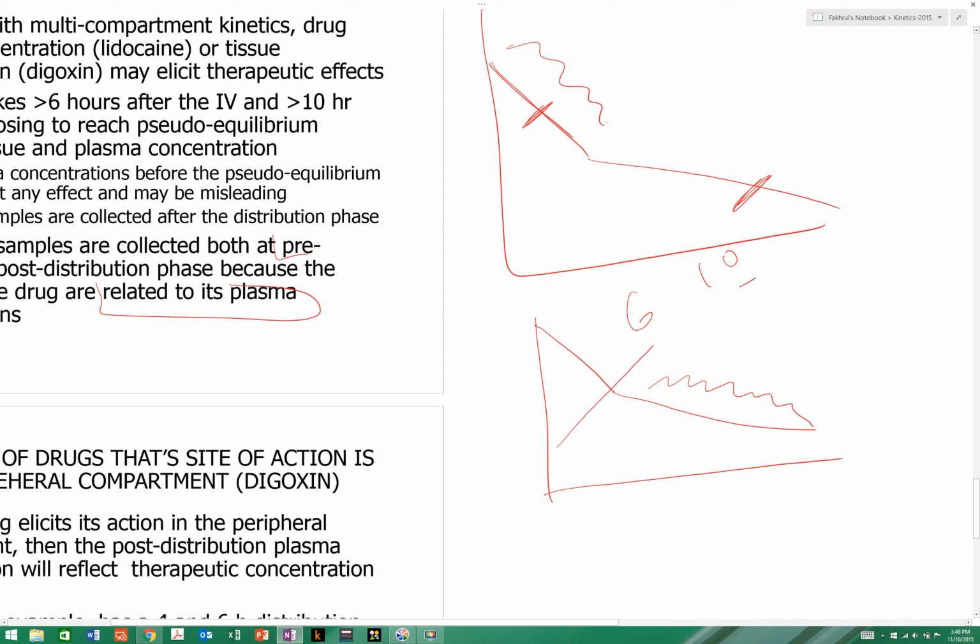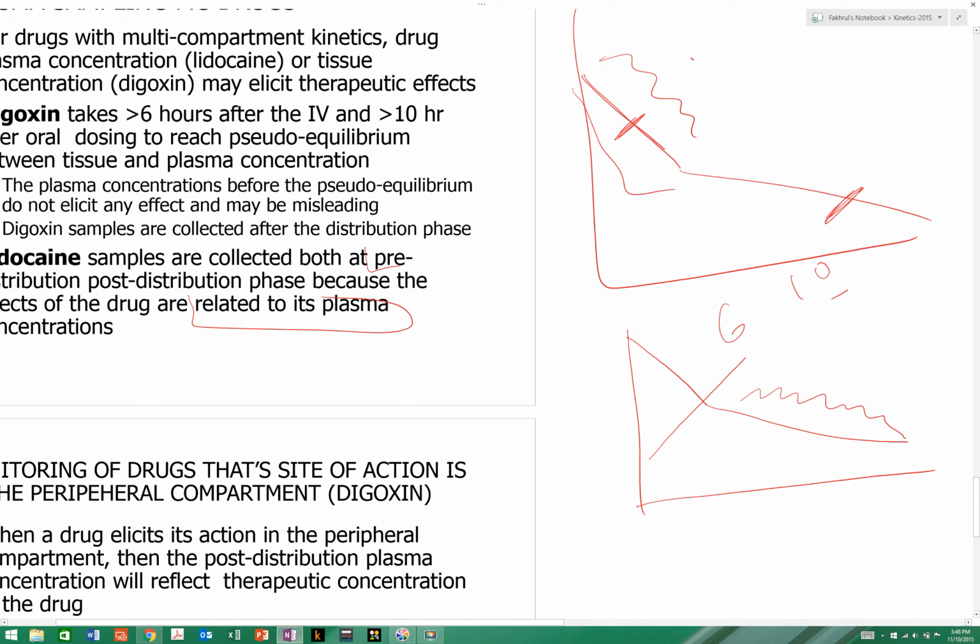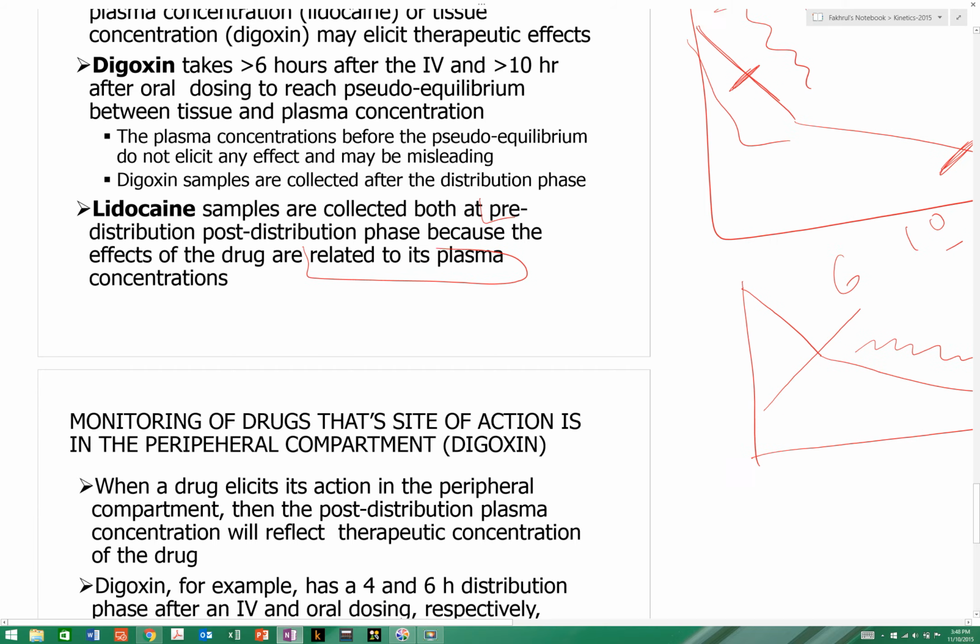For this reason, to keep track of plasma concentration, you take samples here and also there. For a drug that works in the central compartment, you take samples during the pre and post distribution phase.